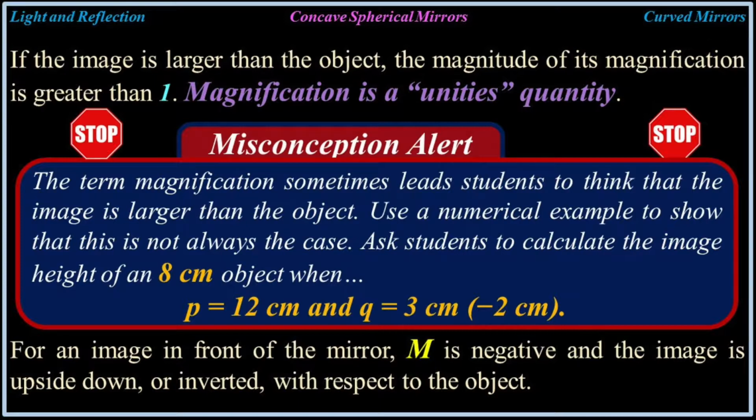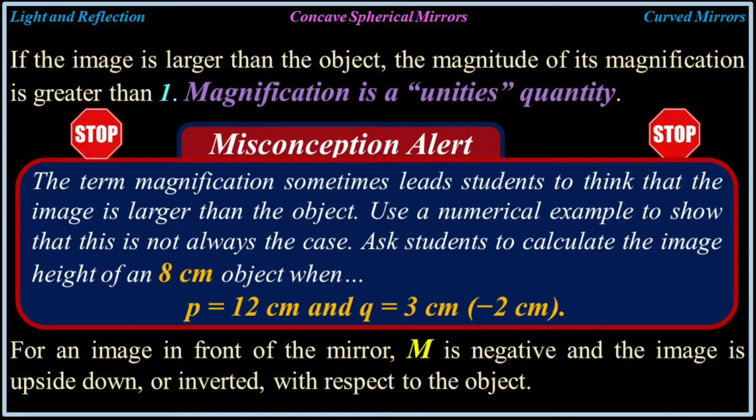Use a numerical example to show that this is not always the case. Ask students to calculate the image height of a 8 centimeter object when P equals 12 centimeters, Q equals 3 centimeters, and the answer will be negative 2 centimeters. It will be smaller and upside down, or inverted.